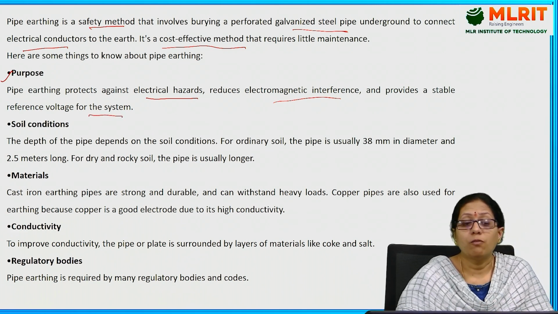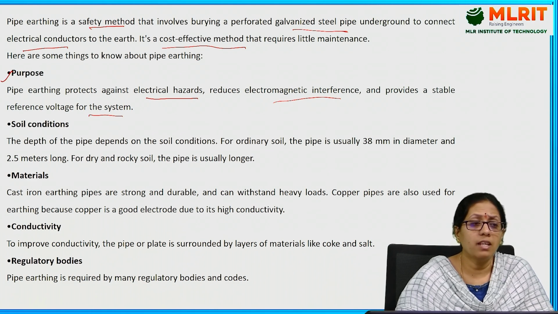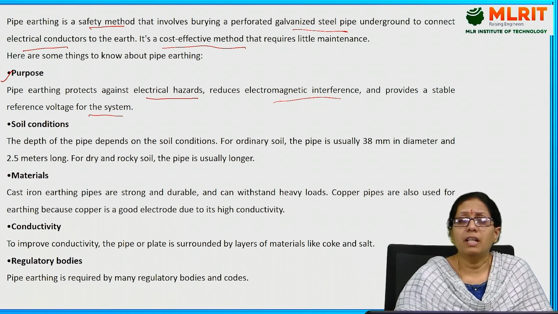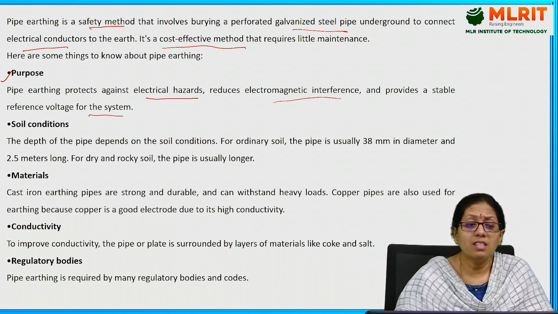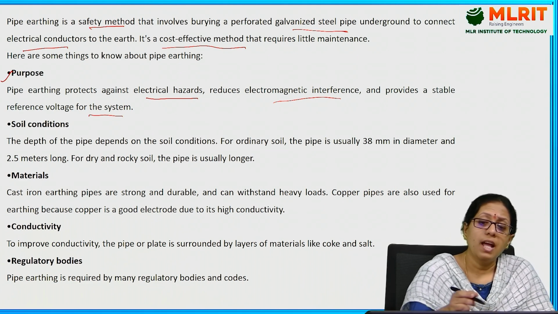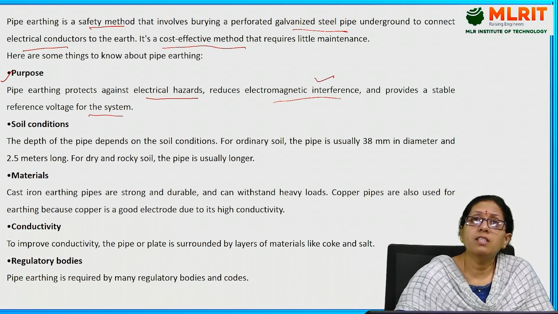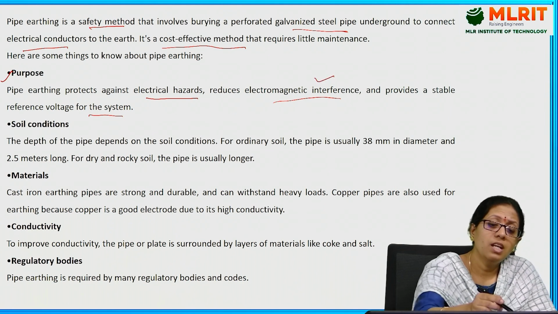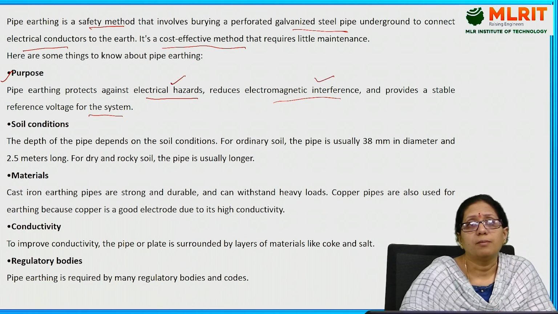The main system is the main circuit which is placed inside a building, a shopping mall or an industry. For that main circuit, it provides a stable reference voltage.